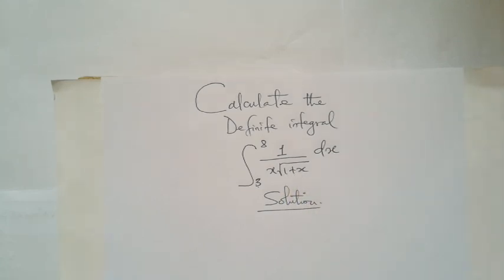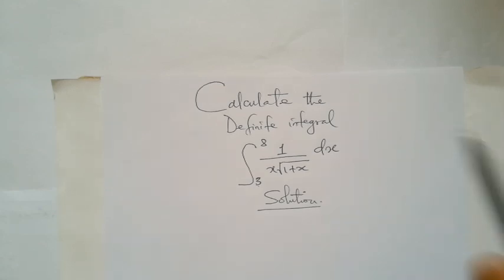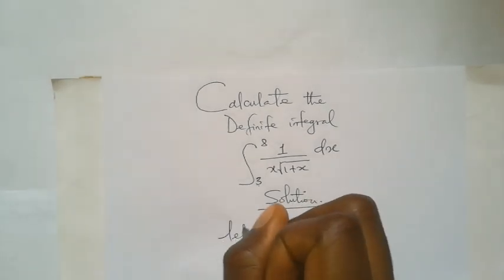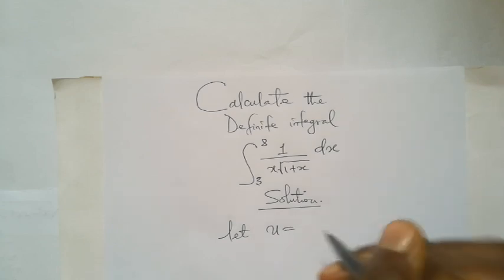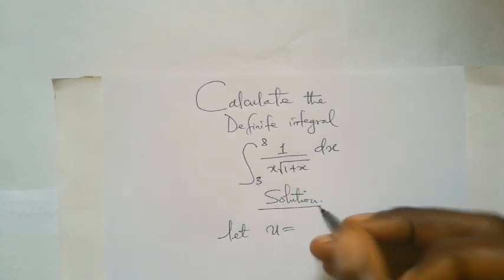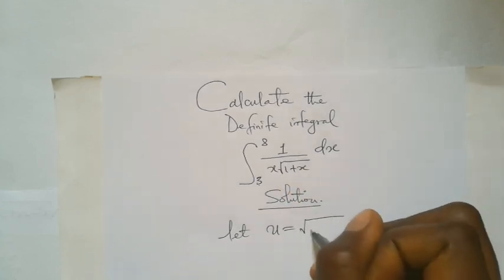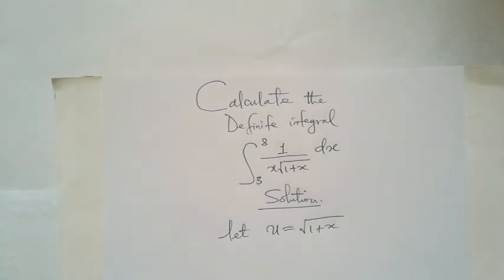So the best way to do this is to use what we call substitution, since it's not a straightforward integration. Let u be equal to the square root of 1 plus x.